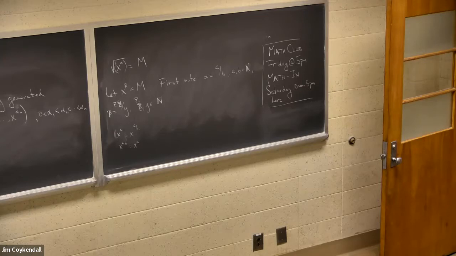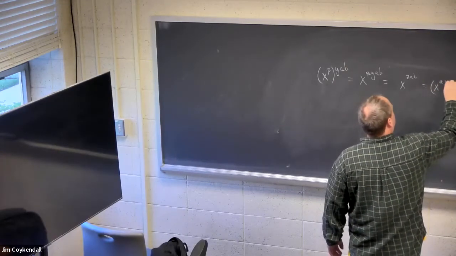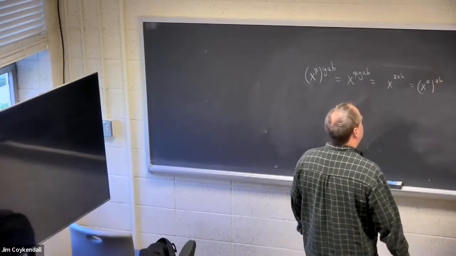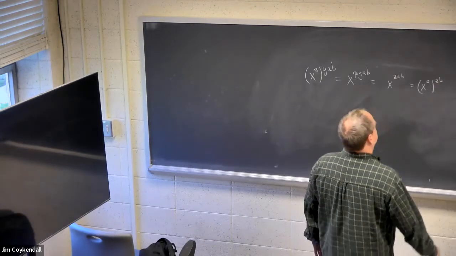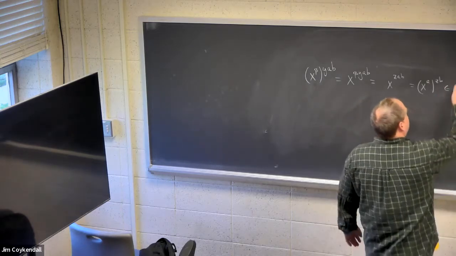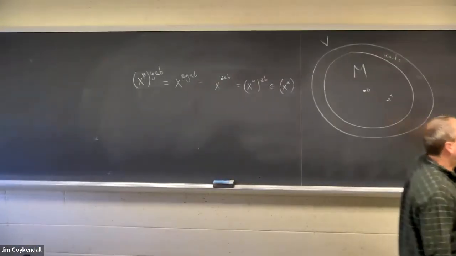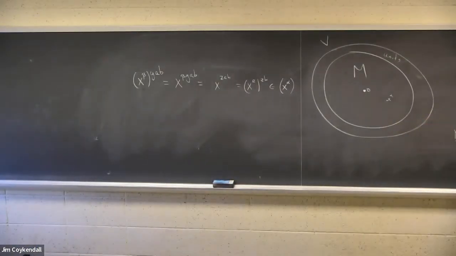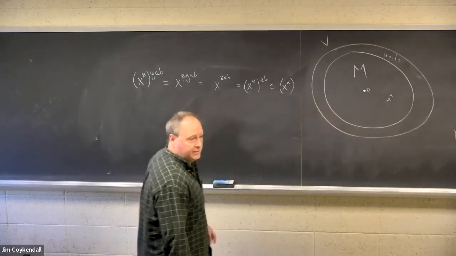So notice this is x to the A is EB, because I didn't need so many powers after all, which is in the ideal generated by x to the alpha. Because x to the A is in the ideal generated by alpha, so certainly this large power is.